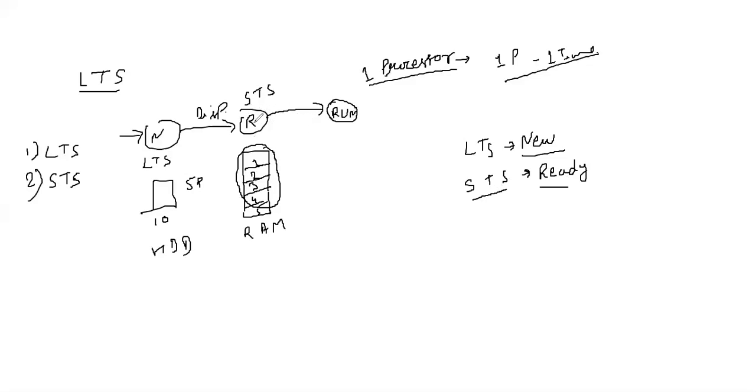The selection will be done by the short-term scheduler, and the process will be sent by the program or process known, once again, as the dispatcher. So here again we require a dispatcher which can send a process from one state to another state. So that is the short term scheduler. I hope it's pretty clear where the long term scheduler works and where the short term scheduler works.